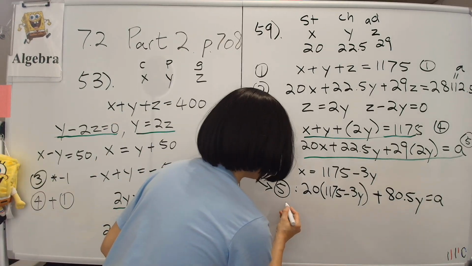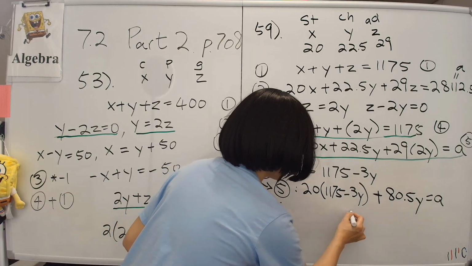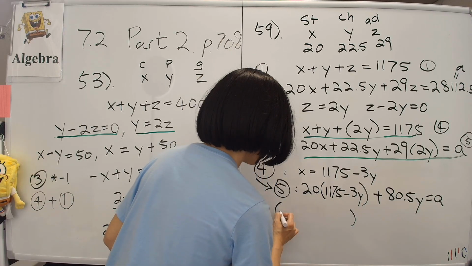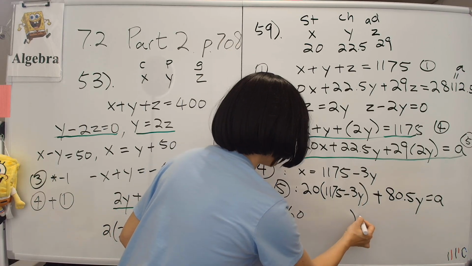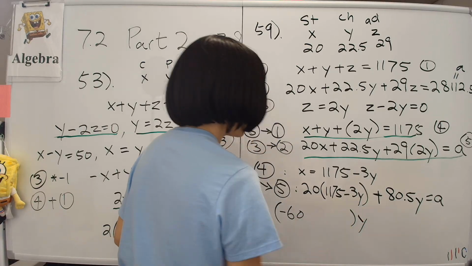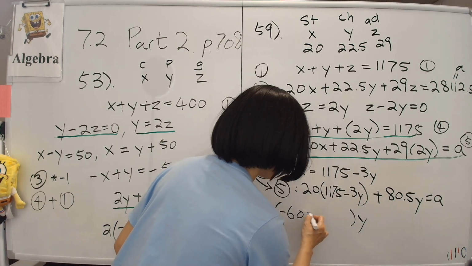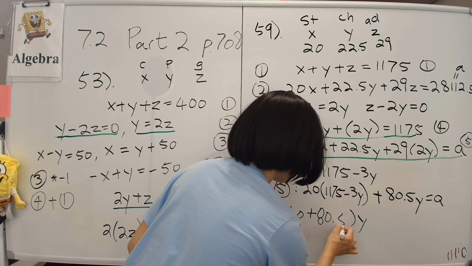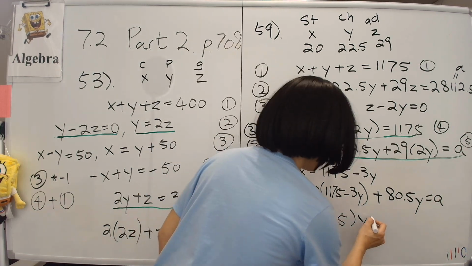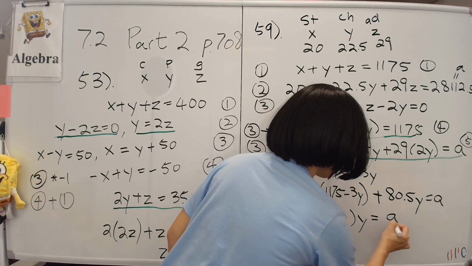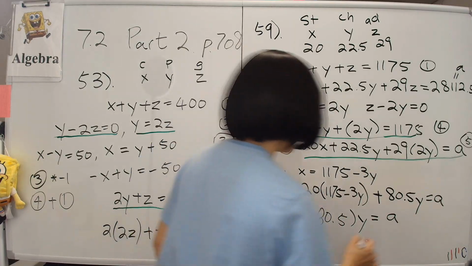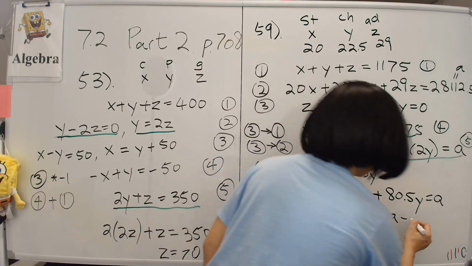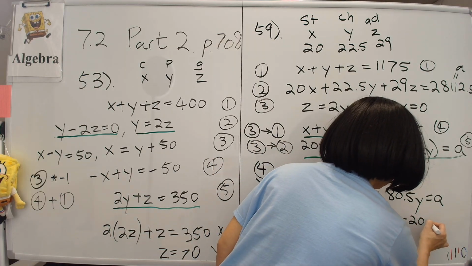The coefficient of y is 20 times minus 3, that's minus 60, minus 60y, and then plus 80.5y, and that would be equal to A minus 20 times 1175.